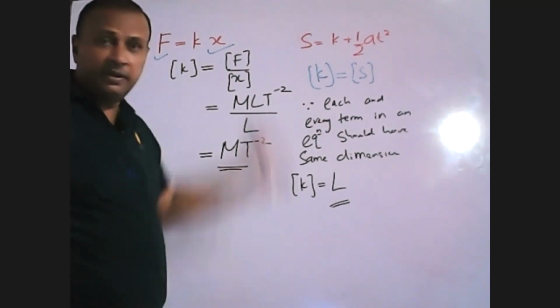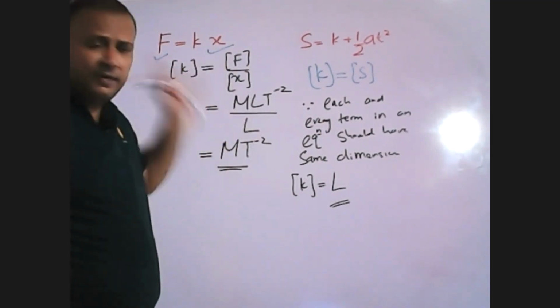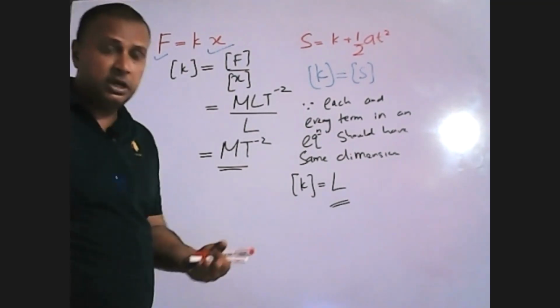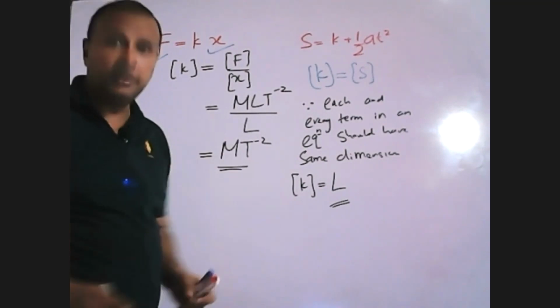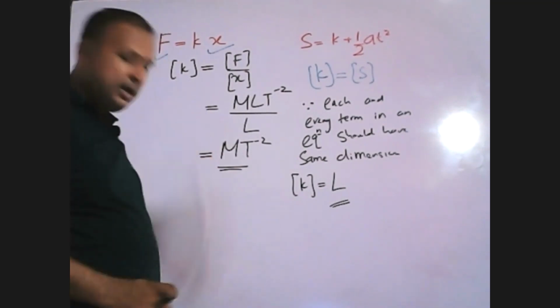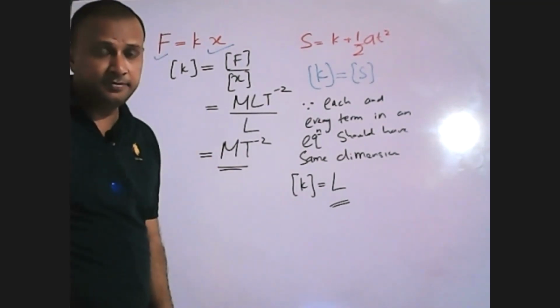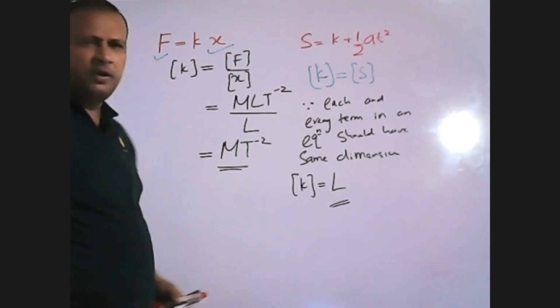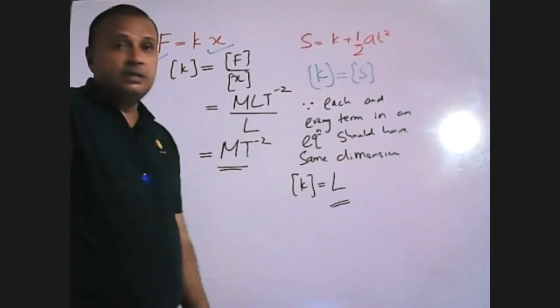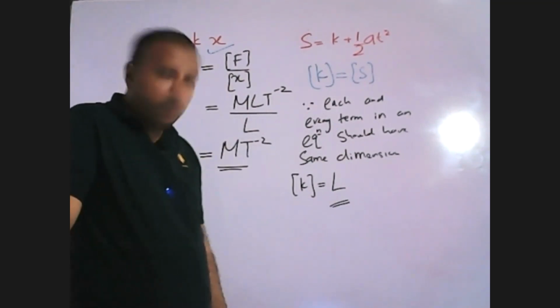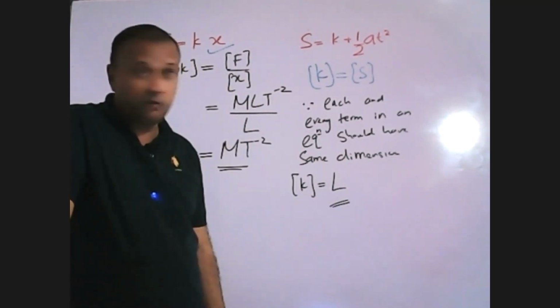Actually, if we are given this kind of equation, it is very easy because we can subject the particular physical quantity and apply the dimensions of others. But we are not given this kind of simple equations. Normally, we are given very complex equations.